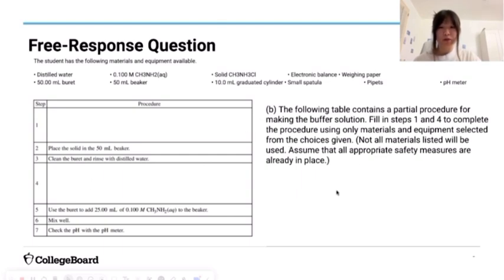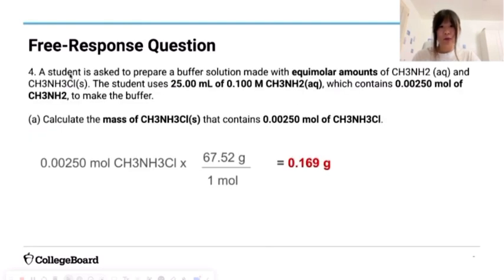So what we want to do first is measure out the mass of CH3NH3Cl that we calculated in our previous solution, as we're asked to make a buffer solution of equal molar amounts.